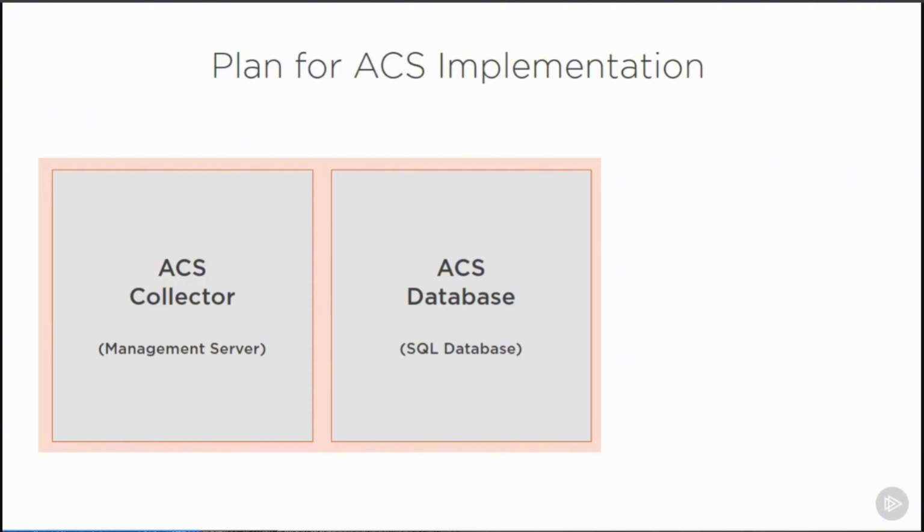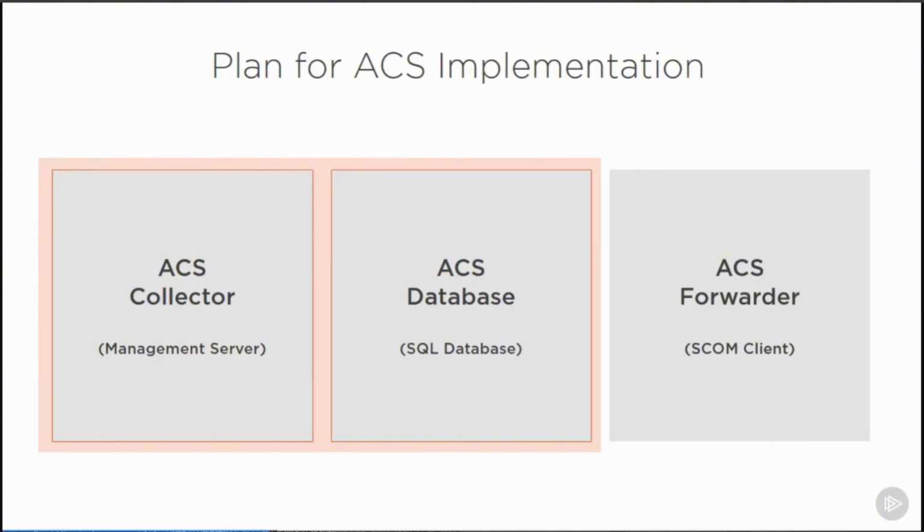Those pairs can leverage high availability, so you have multiple collectors or multiple databases in a clustered configuration, but as I said, they tend to be paired together to create that ACS infrastructure on the server side that the data is then directed to by what is our ACS forwarder. Now, don't get overwhelmed here with the idea of an ACS forwarder. The only thing an ACS forwarder is, is some additional code on each SCOM client for directing all that security log data through the collector and to an ACS database.